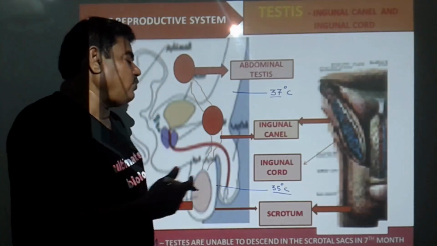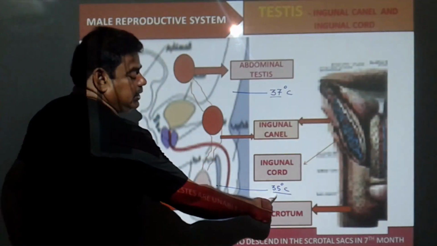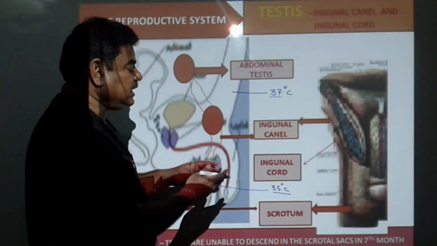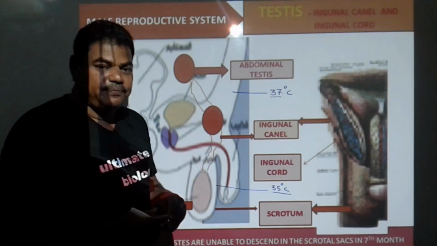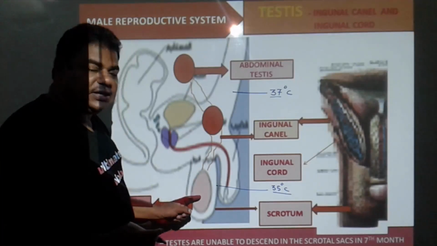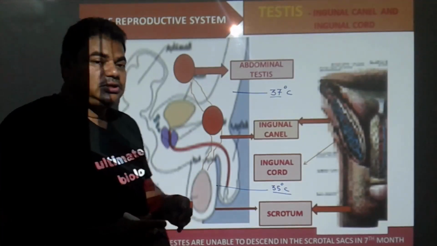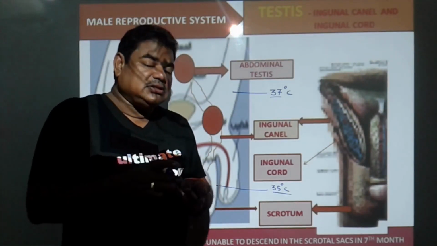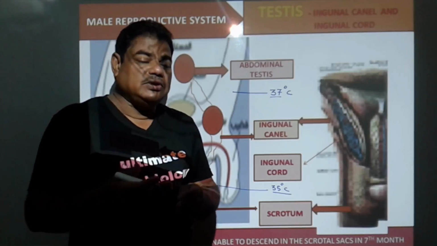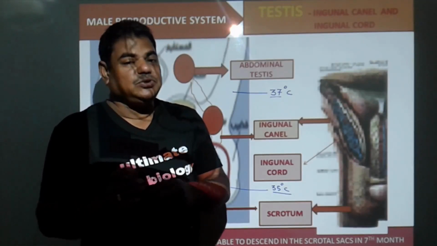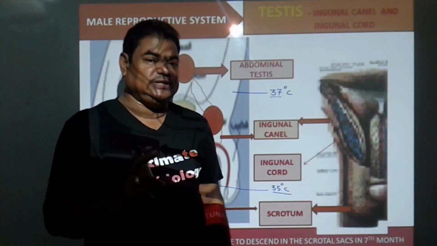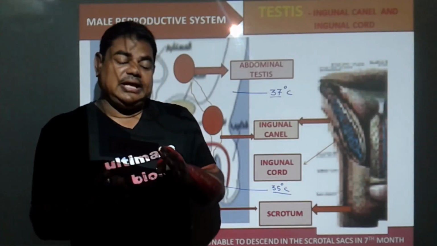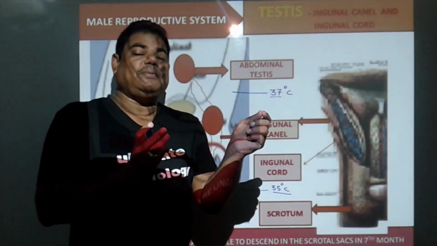Such a tremendous formation of sperm takes place at 35 degrees centigrade, 2 to 2.5 degrees centigrade less than the abdominal cavity, due to which the testes descend into the scrotal sac. Means the two testes are present outside the abdominal cavity. It favors the production of sperm, the process we call spermatogenesis. But in the case of a rabbit or a rat, as soon as the copulation period is over, again the testes are pulled into the abdominal cavity.